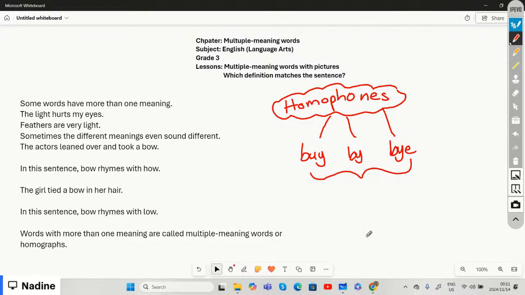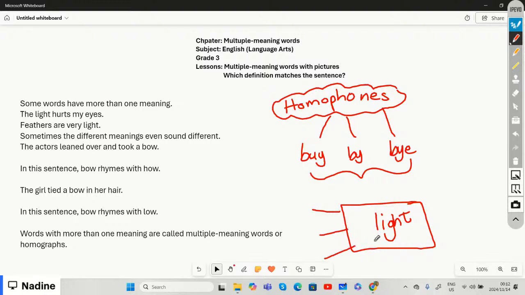So you have a word that is the same, for example, light. We have this word light, but the meaning of light is going to be different. One meaning has to do with a feather, how light the feather is.